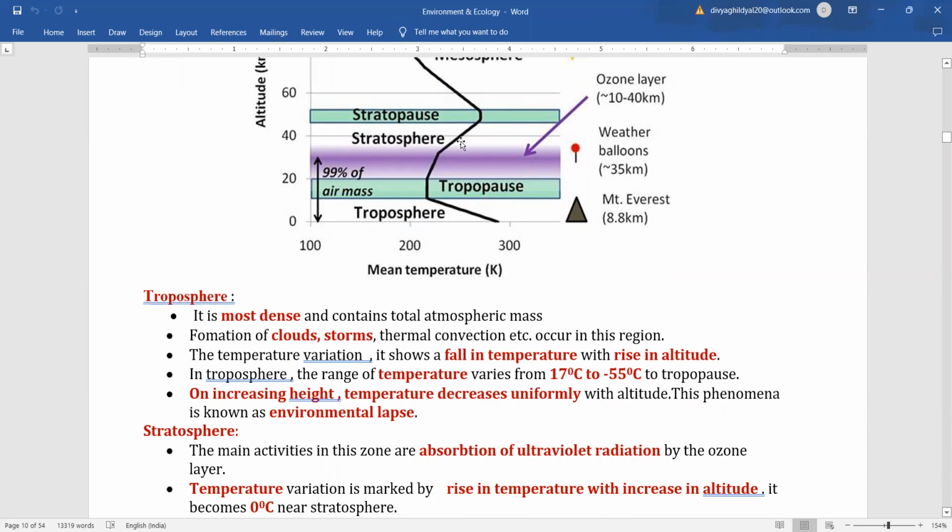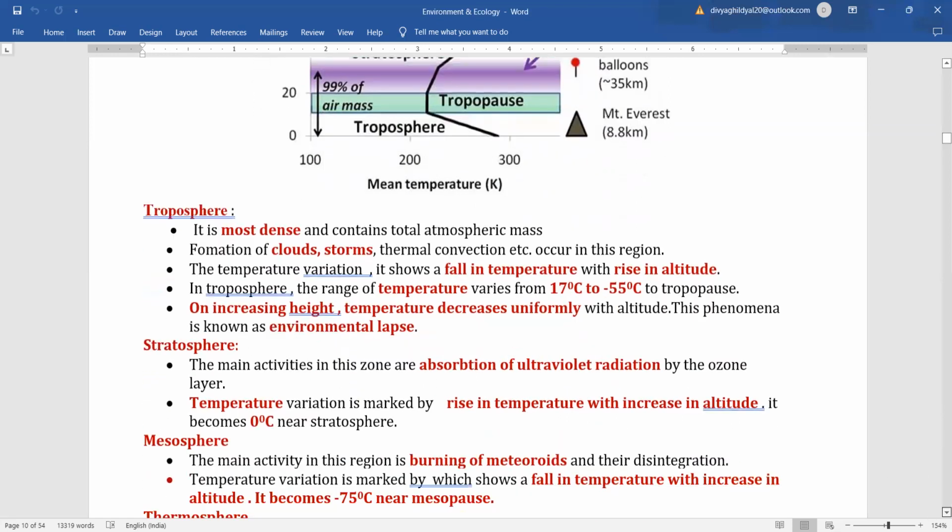Now look at the stratosphere here. Stratosphere is basically responsible for absorbing ultraviolet radiation, which is harmful for human skin. Temperature variations are marked by, as you can see in the diagram, the temperature rising while the altitude is increasing, and around the stratopause it becomes 0 degrees centigrade or 273 Kelvin.